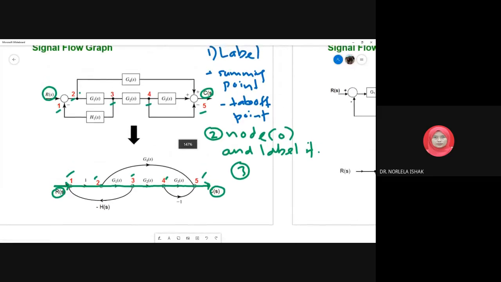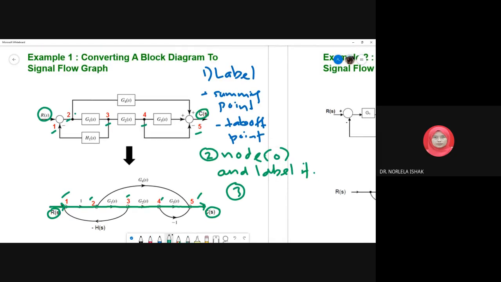Okay, first step we label. Label at the block diagram. Kita label dekat block diagram. Okay, so the second step, kita labelkan knot ni. Okay, lepas tu 3, kita buat line.